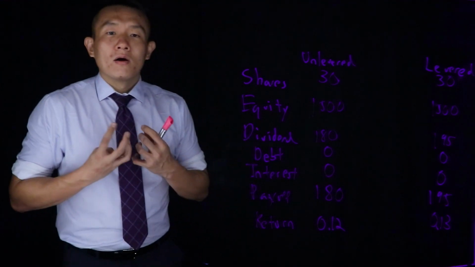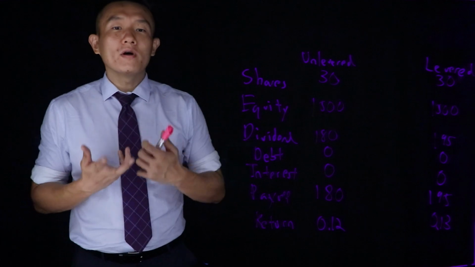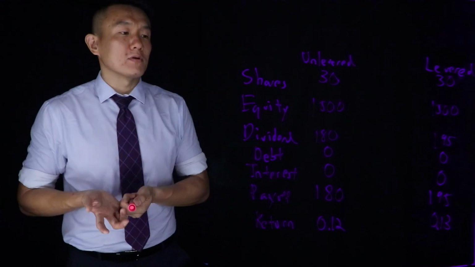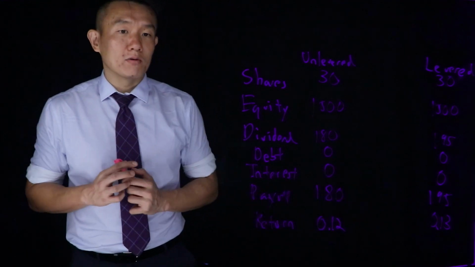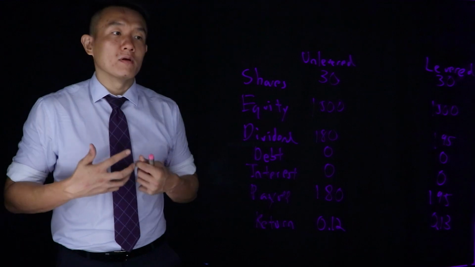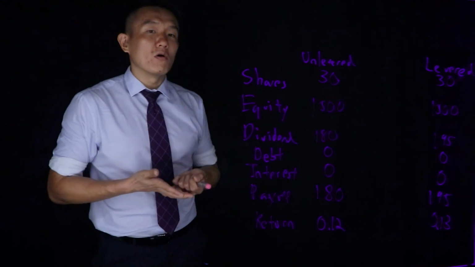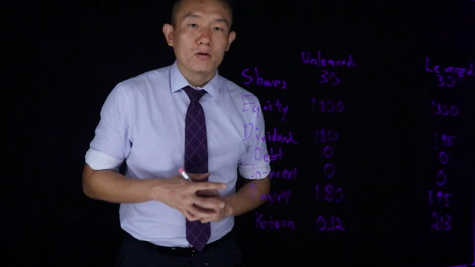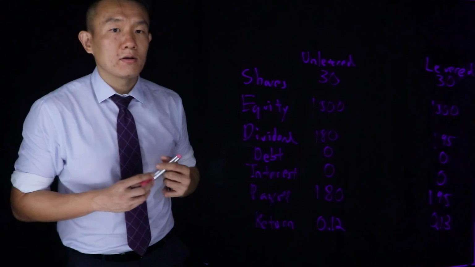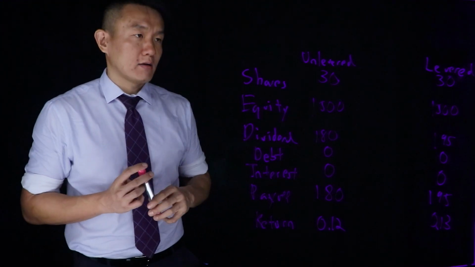So this is a question that we might want to ask, which is that would investors prefer a certain kind of capital structure in order to get a higher return? Is it possible that, for example, a shareholder may prefer that a firm borrow more so that the return on equity would be higher? So let's look at a case where I have a shareholder who owns 30 shares of stock.